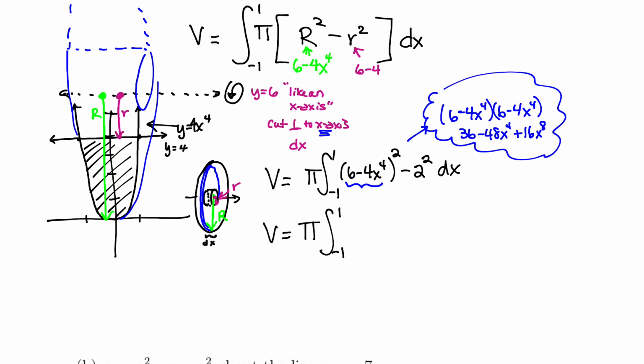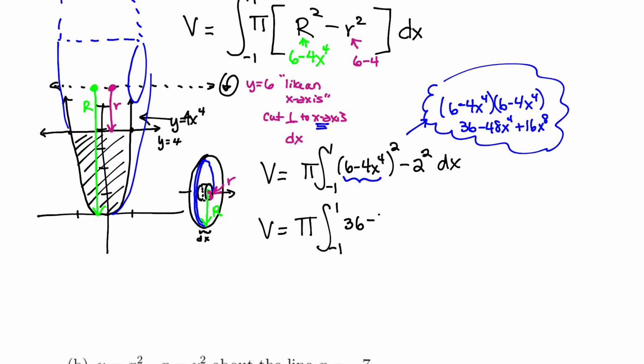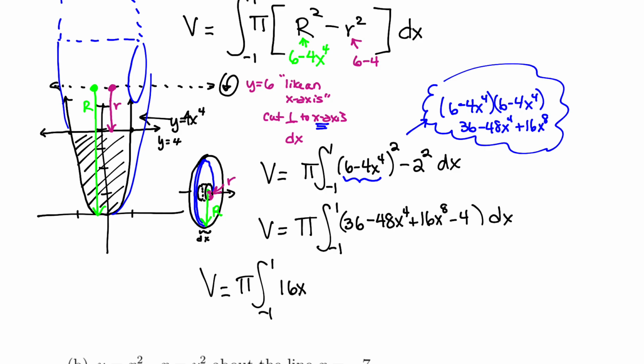So inside we've got 36, and then we're minusing 4, but I'll just write it in. 36 minus 48x to the 4th plus 16x to the 8th minus 4. I'll do one more step, which is put those together. 36 minus 4 is 32. So what we've got is 16x to the 8th minus 48x to the 4th plus 32. I think that's what I got in my book here.